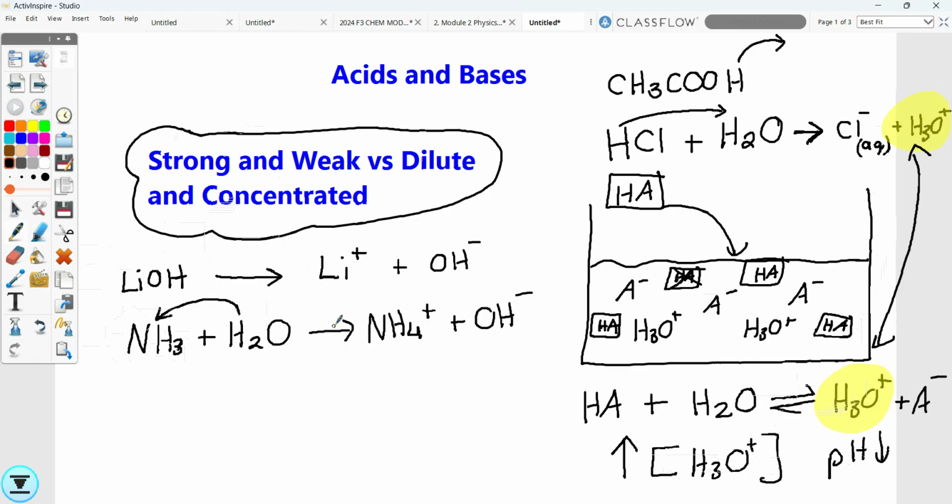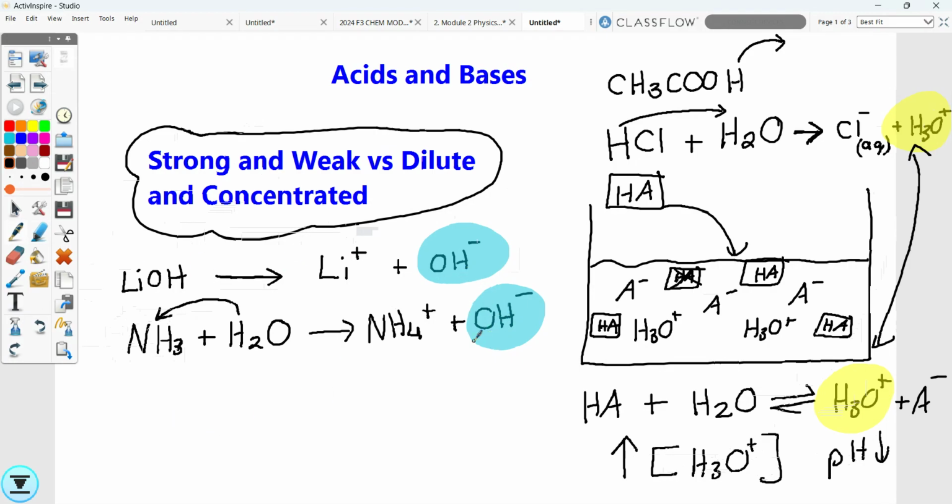Now you can see here for the bases, all of them, it doesn't matter if they ionize or dissociate. This one was dissociation, this one was ionizing, but they both formed an OH minus ion. So that means they're a base.